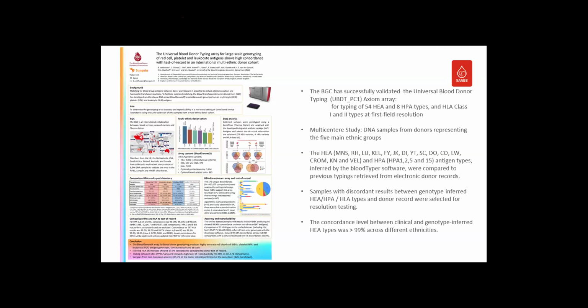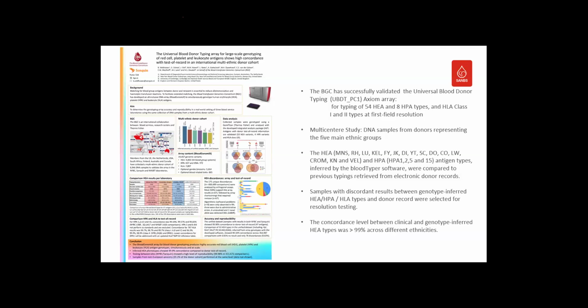I just listed some of the key red blood cell genotypes, and these genotypes then were interpreted and inferred by the blood typer software that I showed you on the previous slide. They were also compared to previous typings that were available on the donor database in terms of serologic and phenotypic characterization.